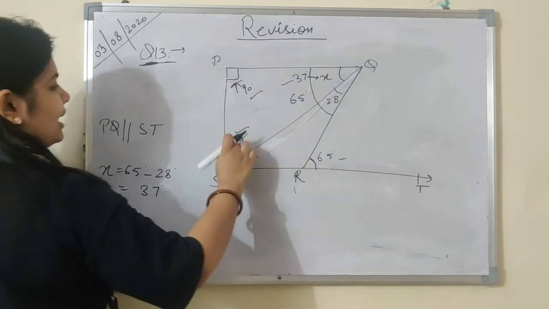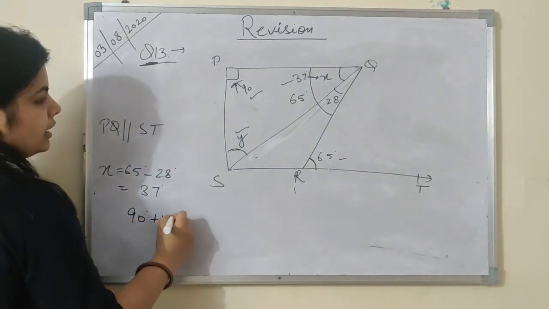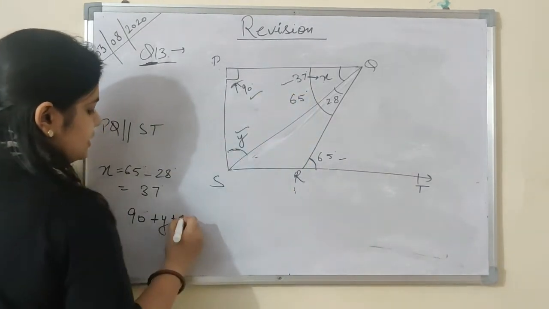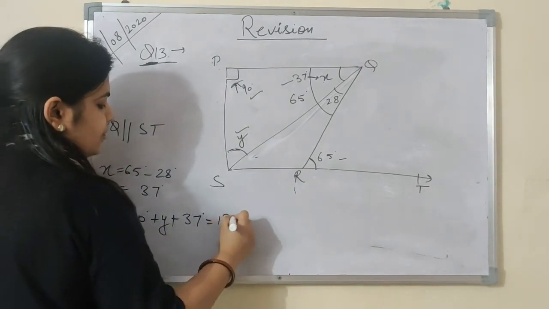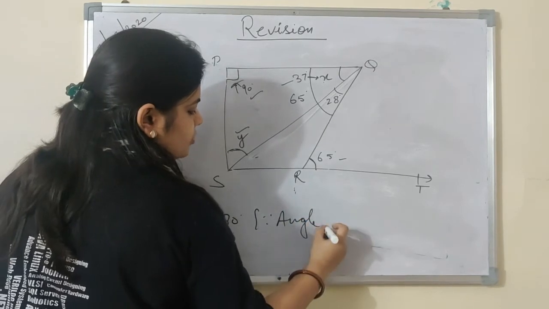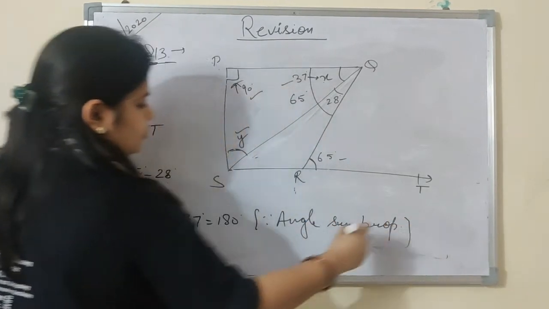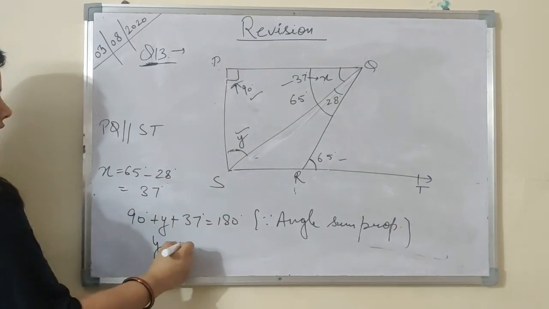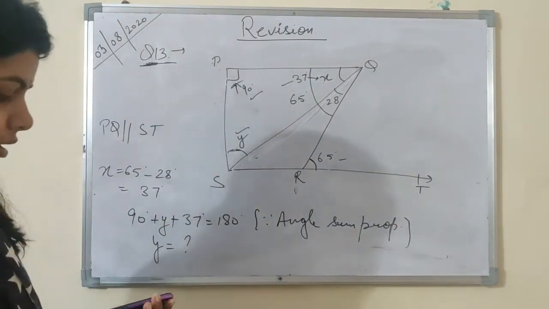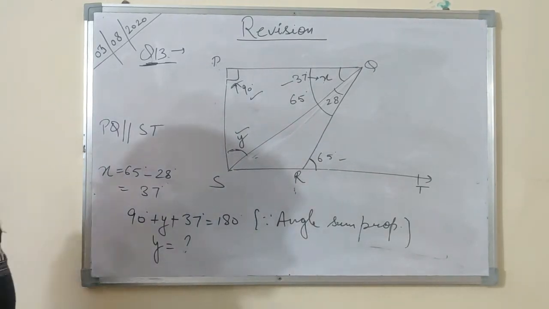We can apply angle sum property over here, and after applying angle sum property in 90 plus Y plus 37, we can find the value of Y. This is by angle sum property, as all of you know about that. I think till here there is no doubt.